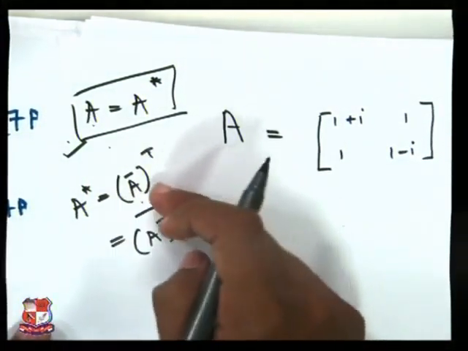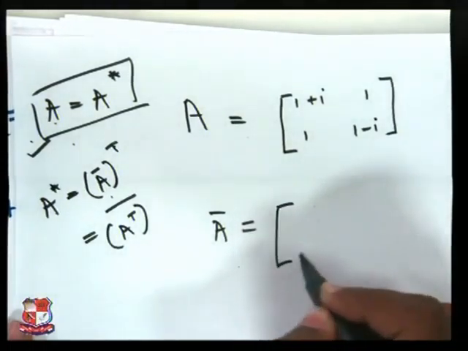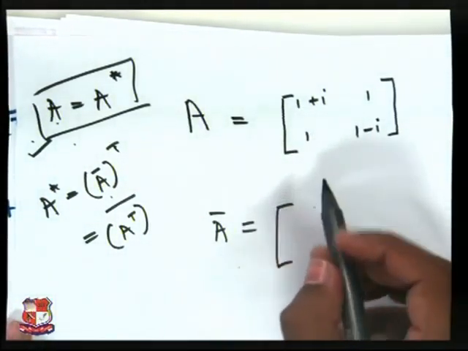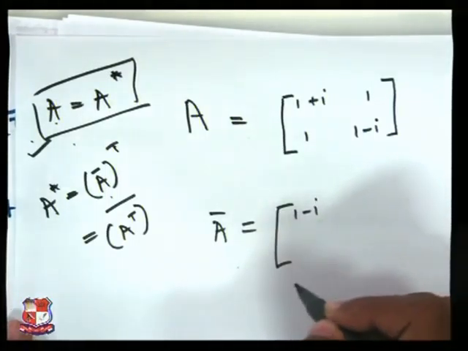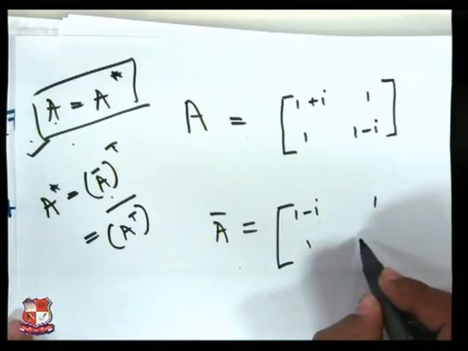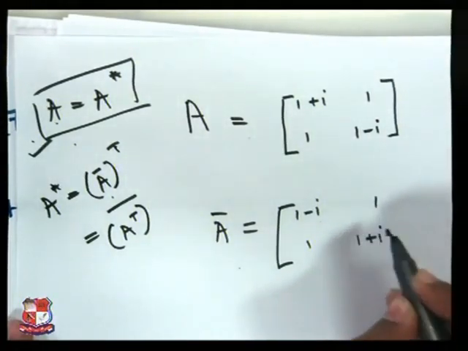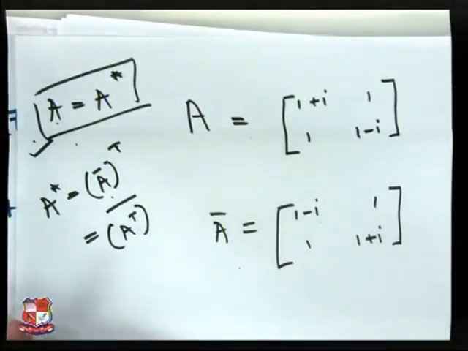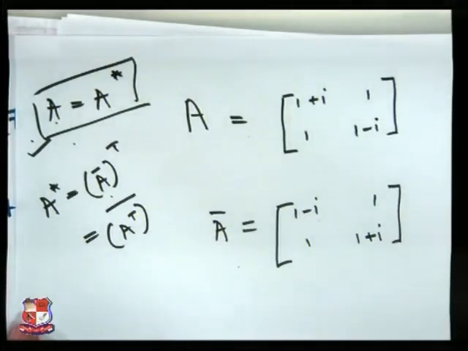So first of all we take the conjugate of the given matrix. 1 plus i becomes 1 minus i, 1 as it is, 1 as it is, 1 minus i becomes 1 plus i.